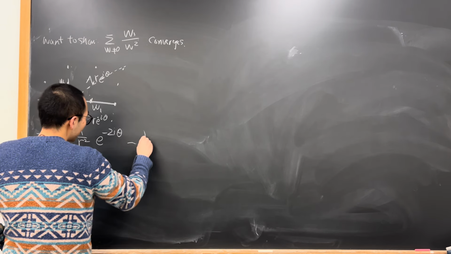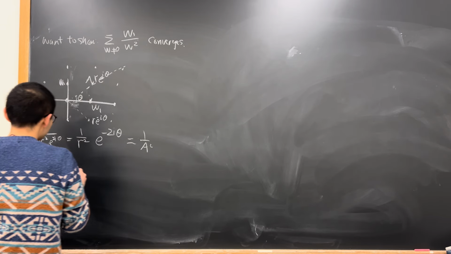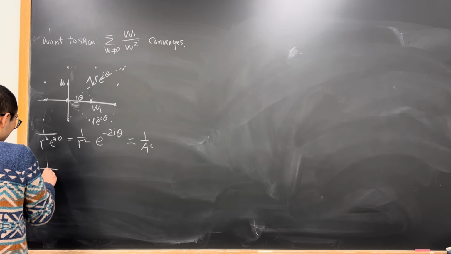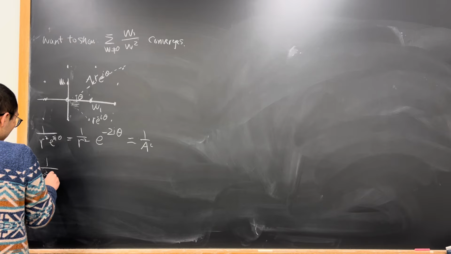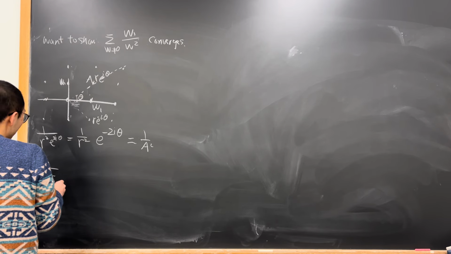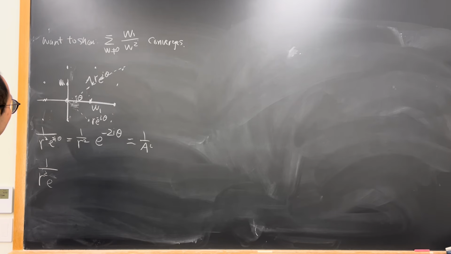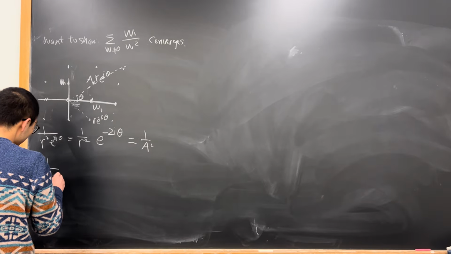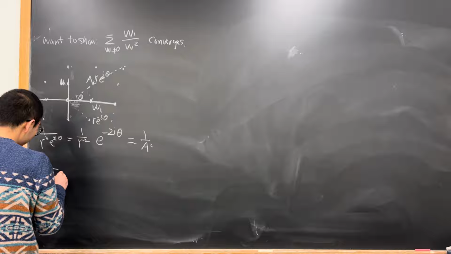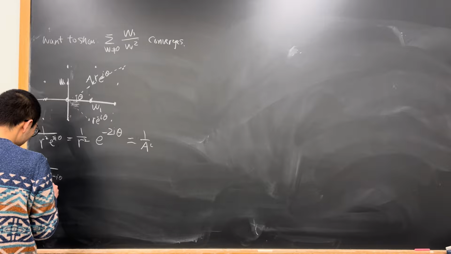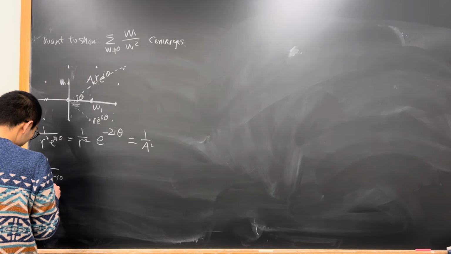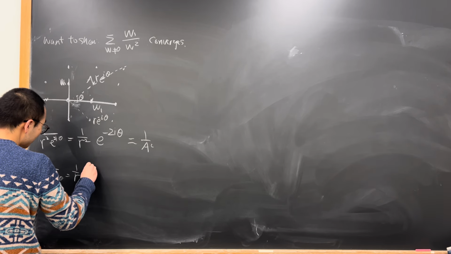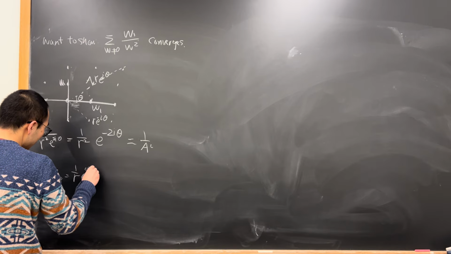And then you have 1 over b squared, 1 over r squared e to the negative... wait, hold on. So e to the negative i theta squared is e to the negative 2i theta, which is 1 over r squared e to the 2i theta.